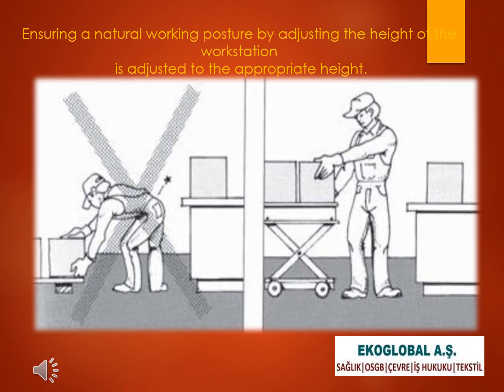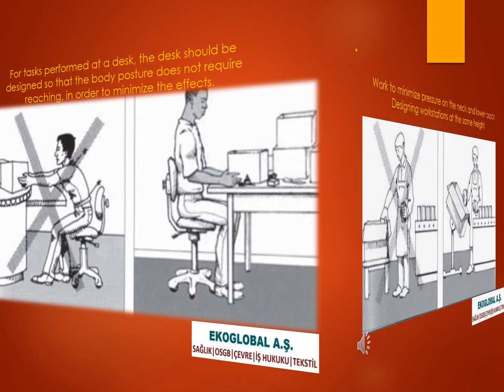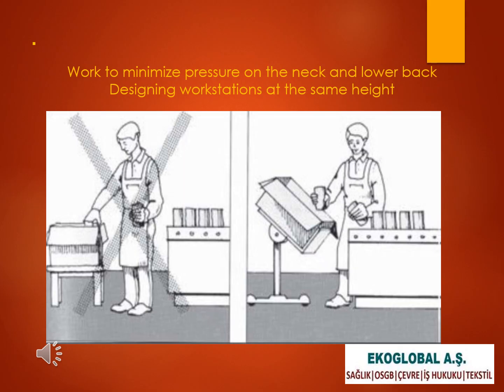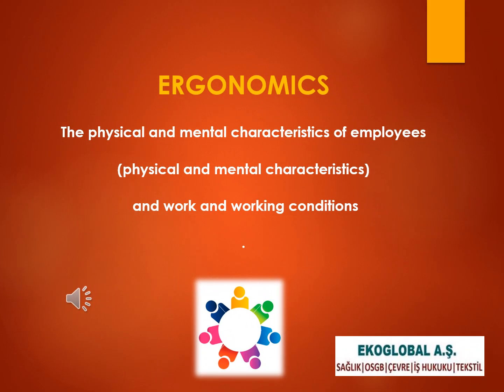Ensuring a natural working posture by adjusting the height of the workstation to the appropriate height. Work to minimize pressure on the neck and lower back, designing workstations at the same height. Ergonomics considers the physical and mental characteristics of employees, and work and working conditions.